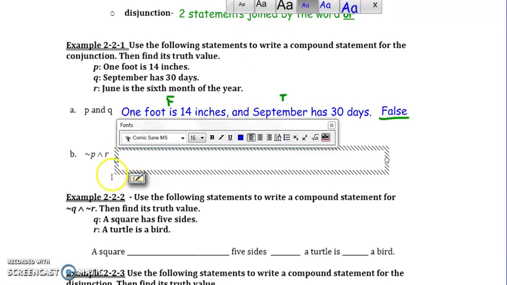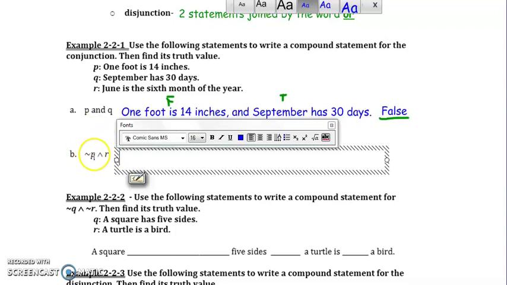All right, so now let's take a look at this next one. What this little squiggly means is not P, so we want to say the opposite of what P would be. That's the negation. And then this little upside down V here means "and", then our R statement.